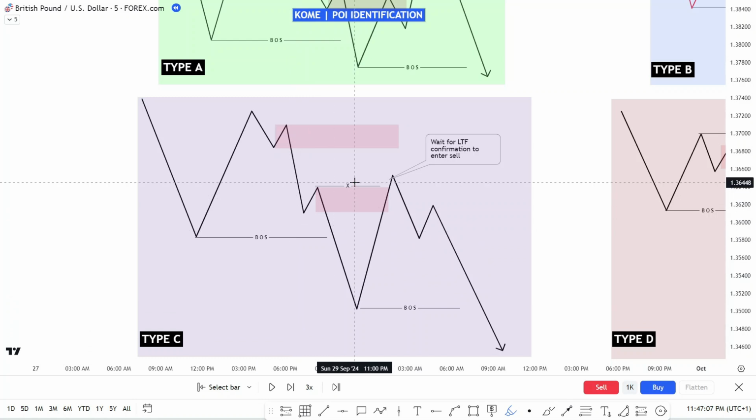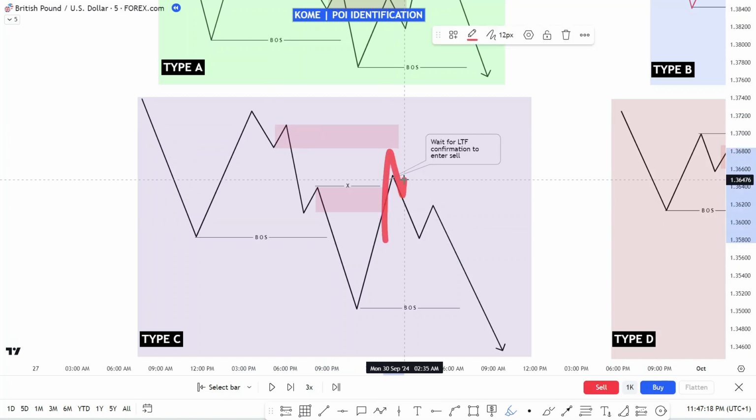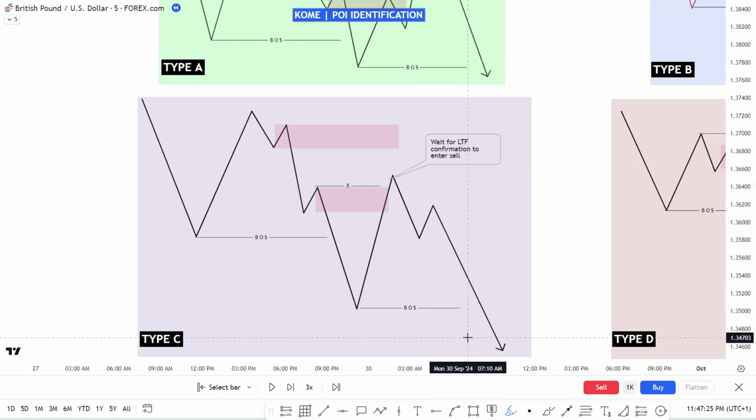Now, have you ever been in a situation whereby you are waiting for price to come and mitigate your point of interest, but unfortunately price refuses to get there, maybe came down here and reacted from here and continued to the downside? Have you ever been there? Of course, I have been there many times, and most times that was before I understood this. But now that it's very clear, let me show you exactly how you can do that.